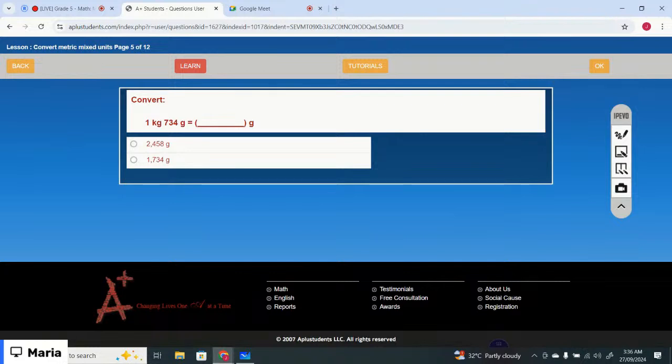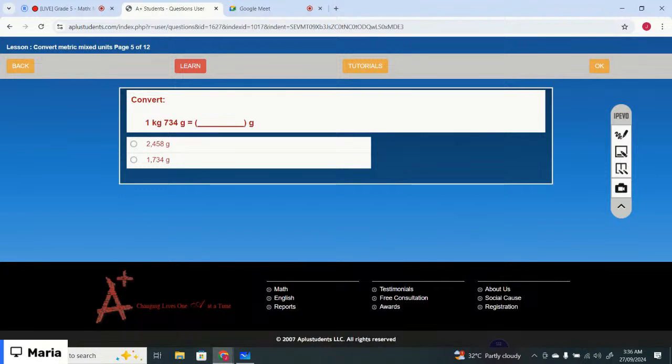1 kilogram 734 grams. So which is the correct option? That is 1734 grams.